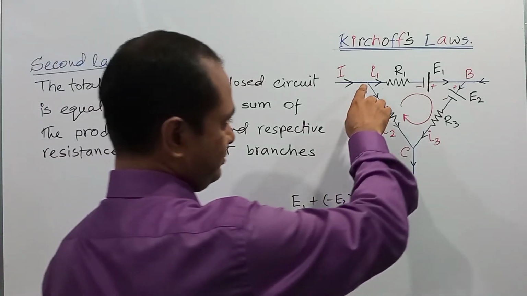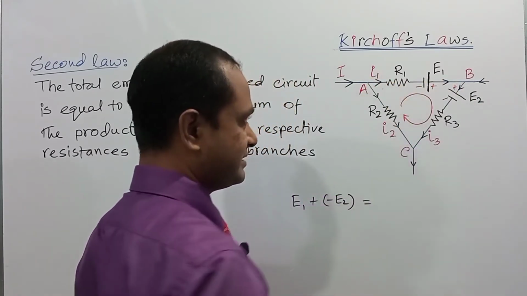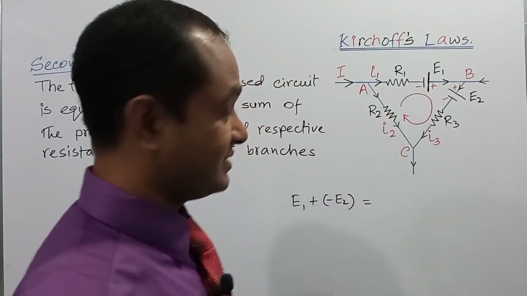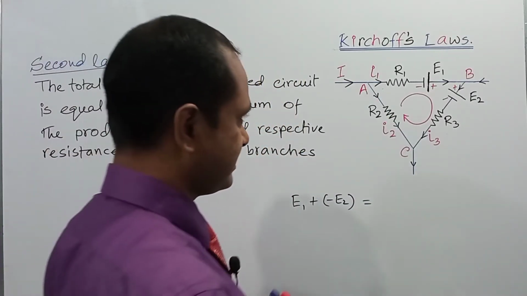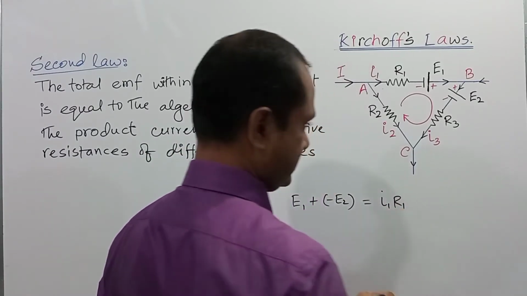If we consider the current in the AB branch, the current is I1 and the respective resistance in this branch is R1. So the product of current and resistance will be I1 into R1.